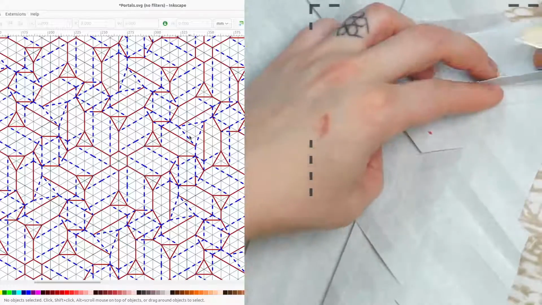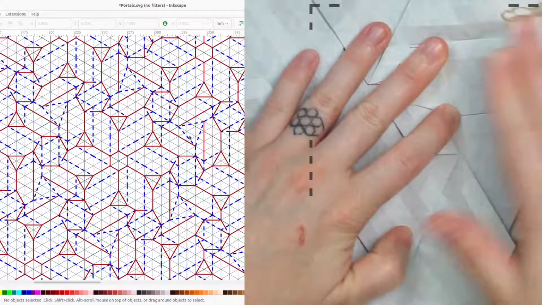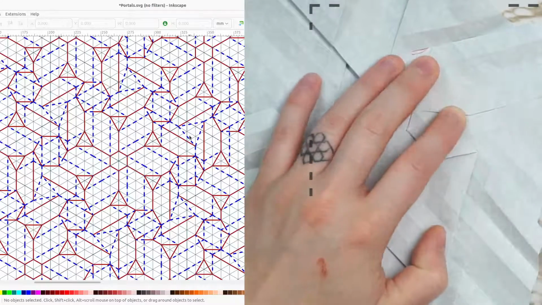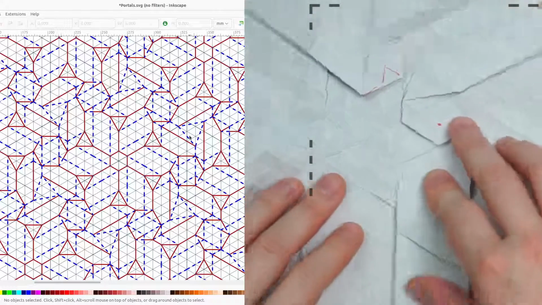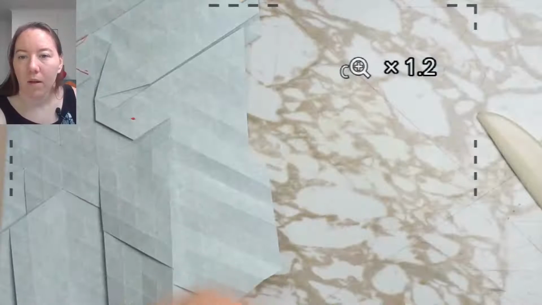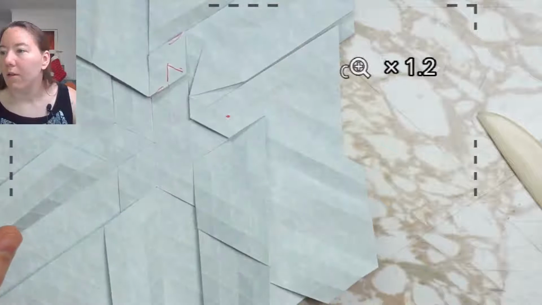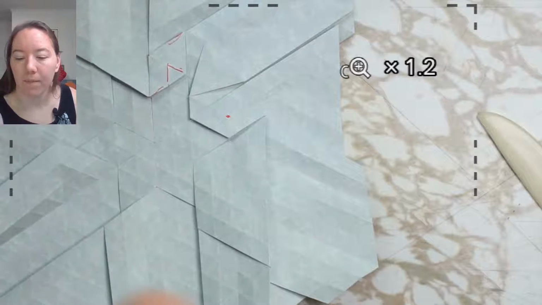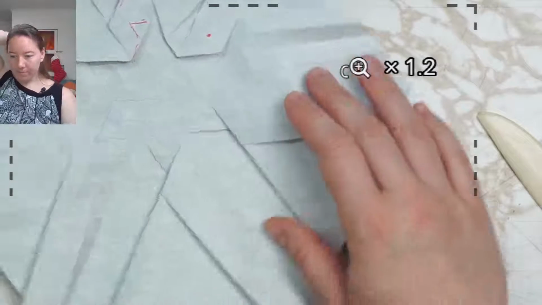Once again, making sure, because it's not necessarily guaranteed, that all of your valley folds are actually on grid lines. And then I'm going to shift us to a different view here so I can actually see if y'all have questions while we're folding the next bit.